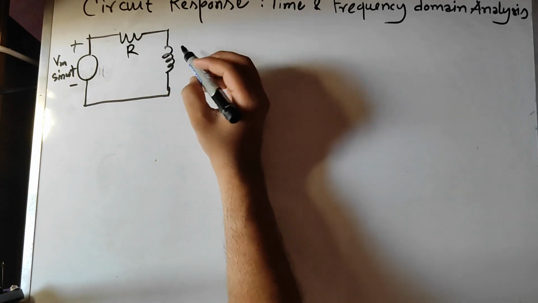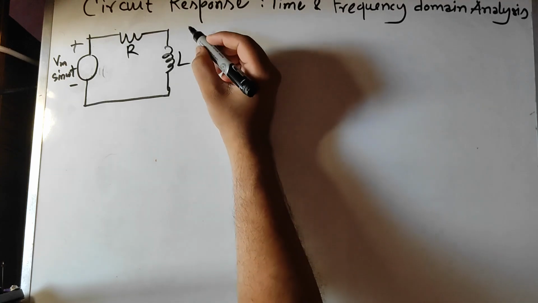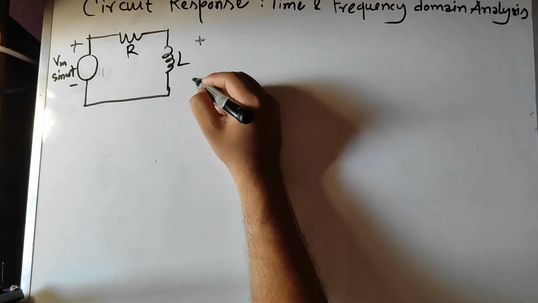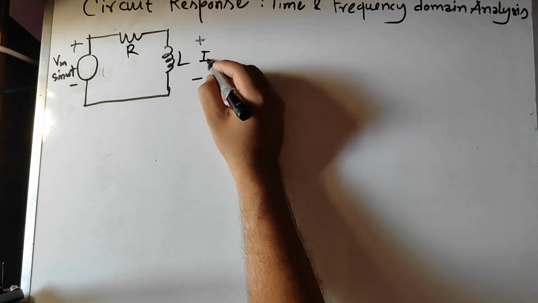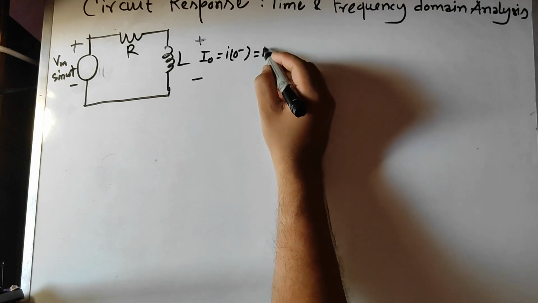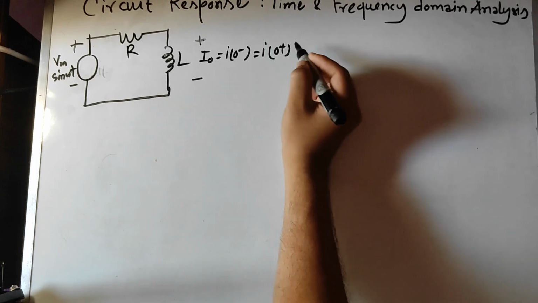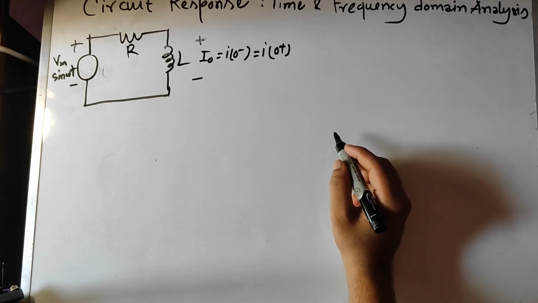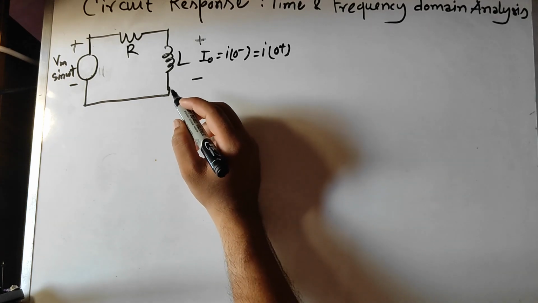This is R, this is L. Assume that it has initial current I0. We are going to analyze this circuit in the time domain.